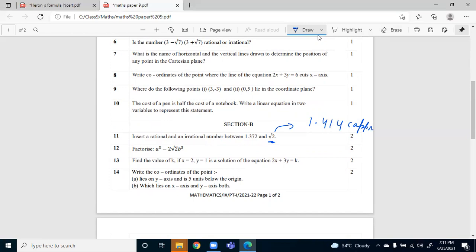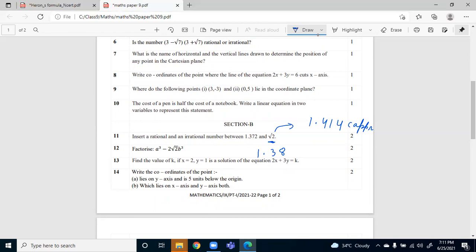It is a non-terminating, non-repeating number. If I have to insert a rational number, the best choice will be 1.38. It should lie between these two, and it should be terminating or non-terminating and repeating. So I have just inserted 1.38.